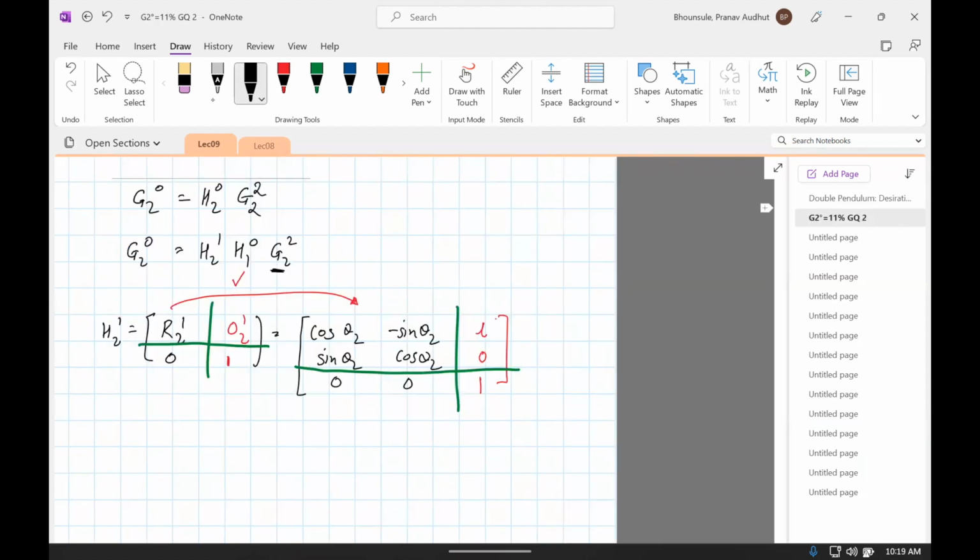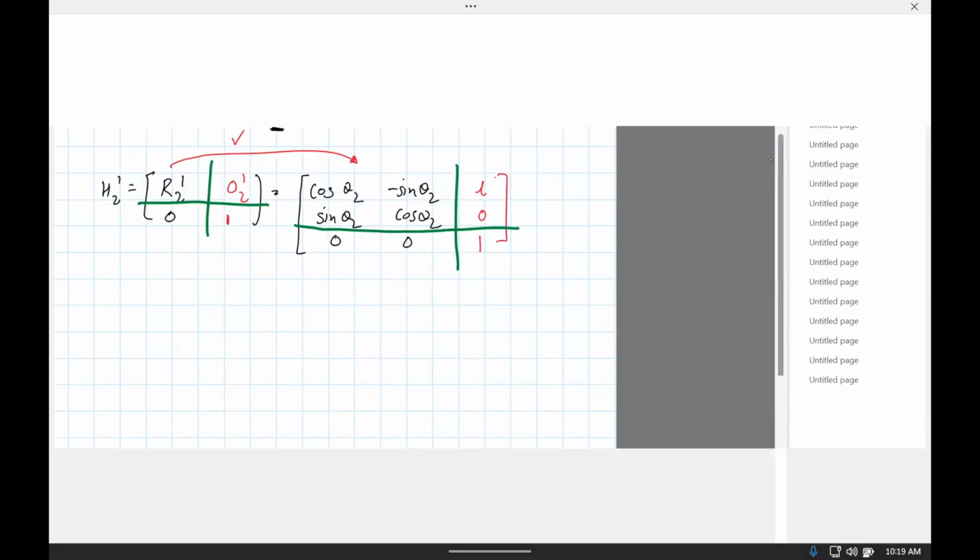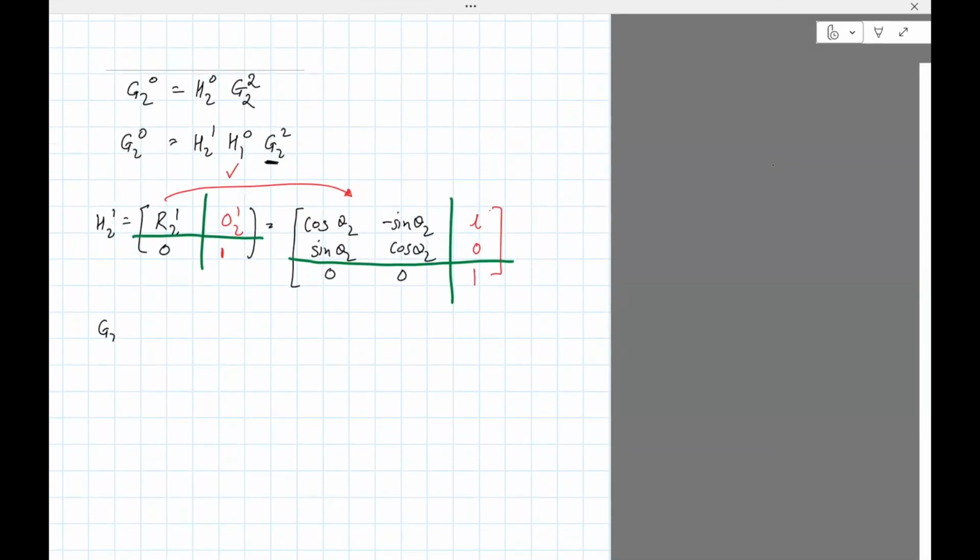So G22 is C2, 0 and 1. Along X2, zero distance along Y2, and then this is just a placeholder.